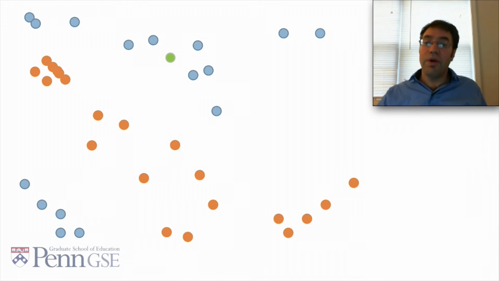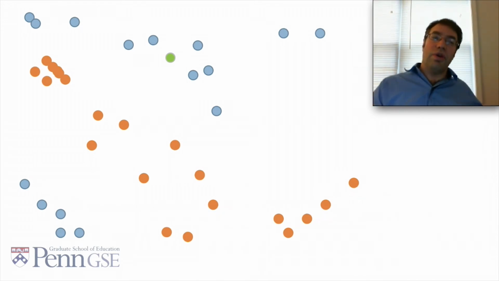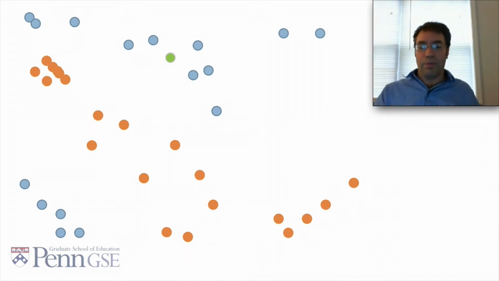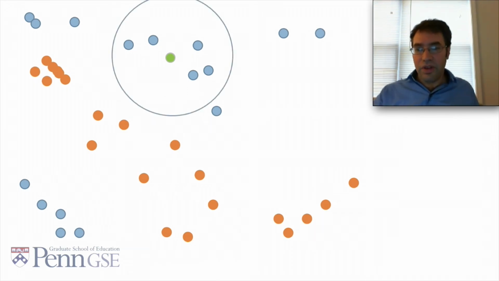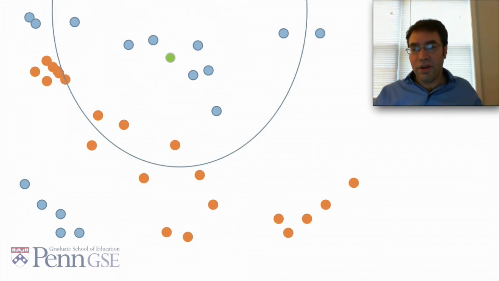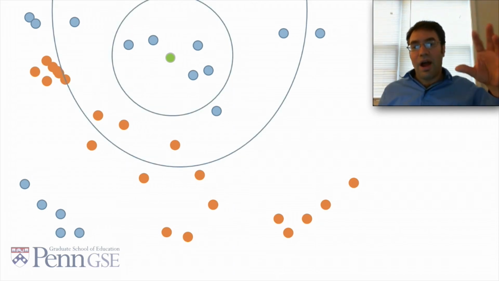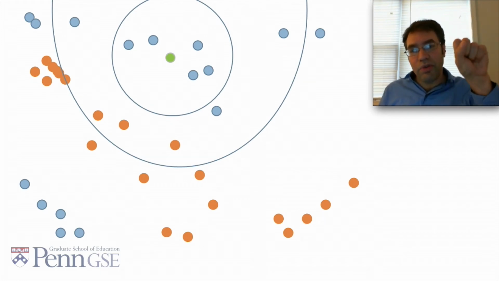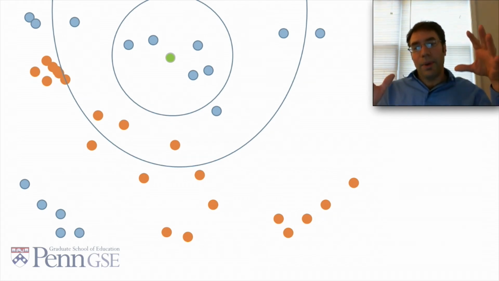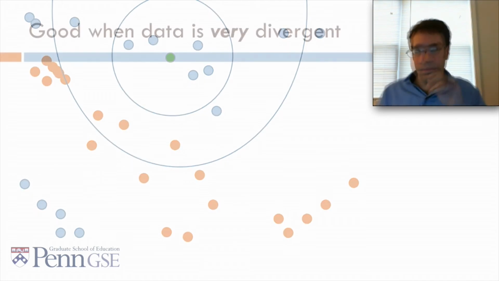To classify the green point, we look at every other point and its distance from the green point and weight in favor of the closer points. So you can see here that the circle, a close circle around green, only has blue. As we get out a little further, we get some red. But compared to the initial blue set, we're still not all that much red.